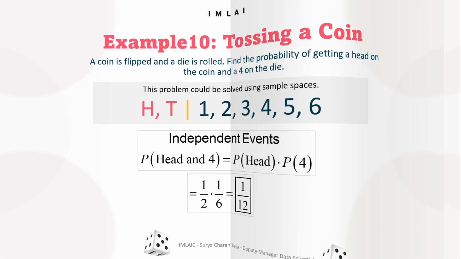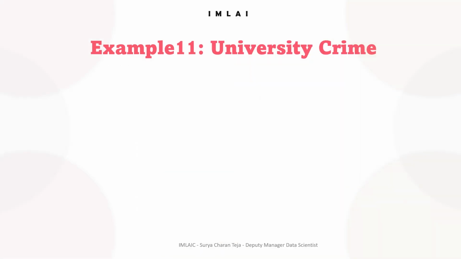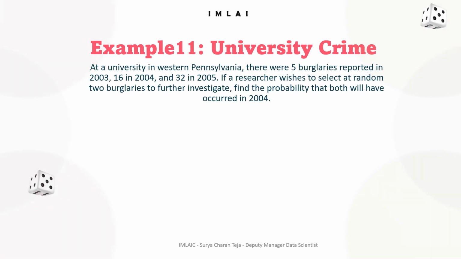Next, we will look into one more example. This time it's university crime. So let's see what's there. At a university in Western Pennsylvania, there were 5 burglaries reported in 2003, 16 in 2004, and 32 in 2005.